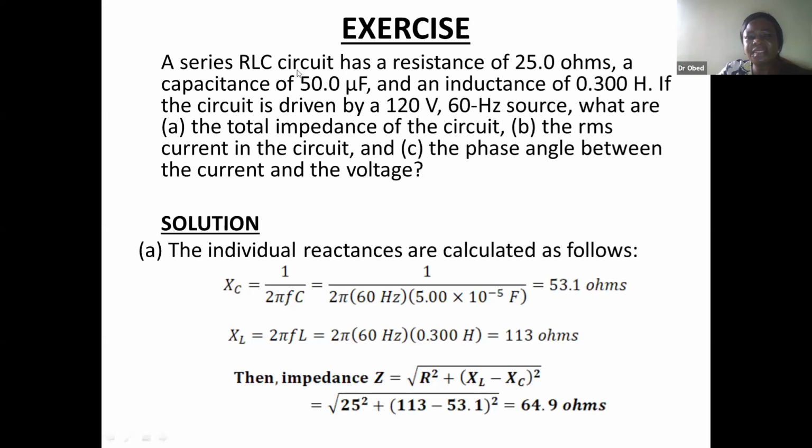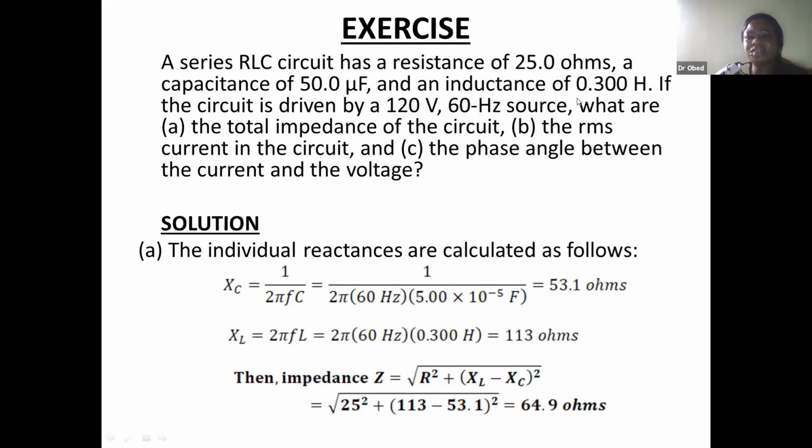A series RLC circuit has a resistance of 25.0 ohms, a capacitance of 50.0 microfarad. Remember what I always tell you. You have microfarad. What does that suggest to you? It suggests 10 raised to power minus 6. So you multiply 50 by 10 raised to power minus 6.